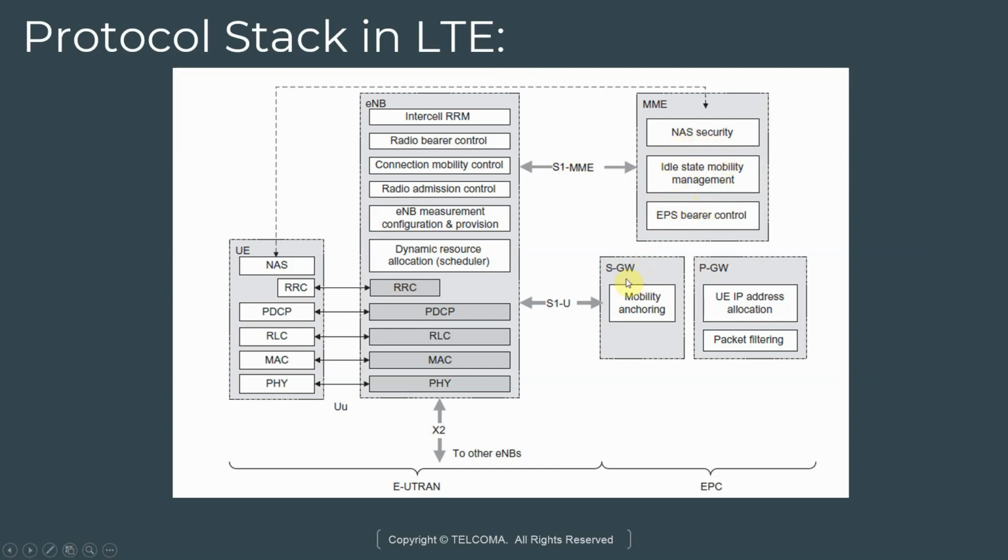That's about the MME. The serving gateway, as we talked about, is a mobility anchor for the most part, and it talks to the eNodeB by the S1-U interface protocol, and then the P gateway is here.